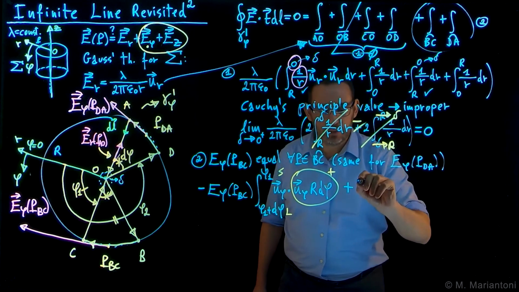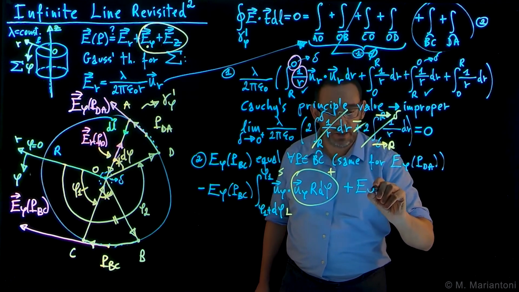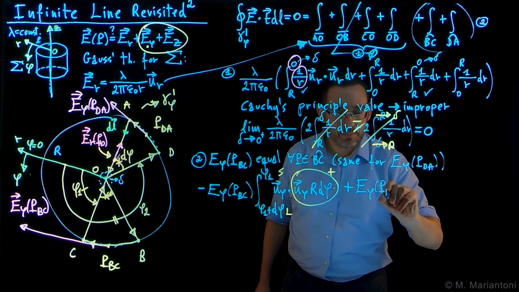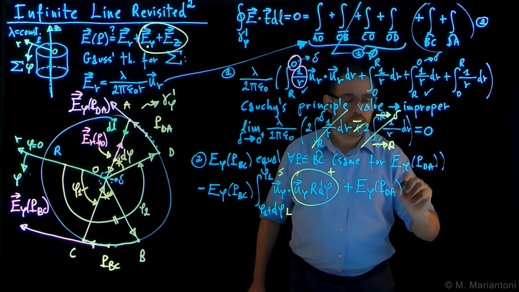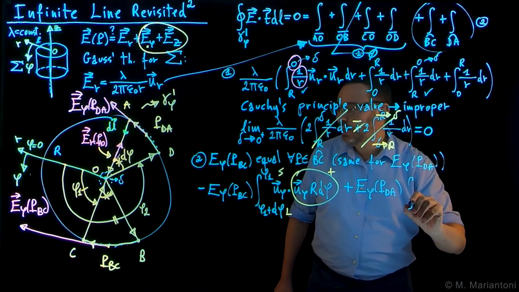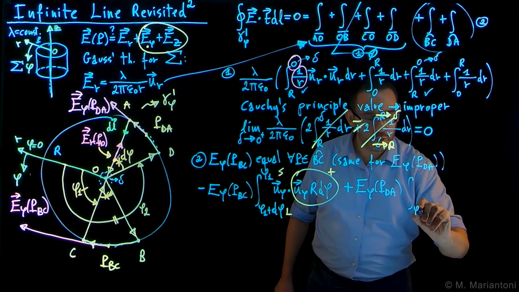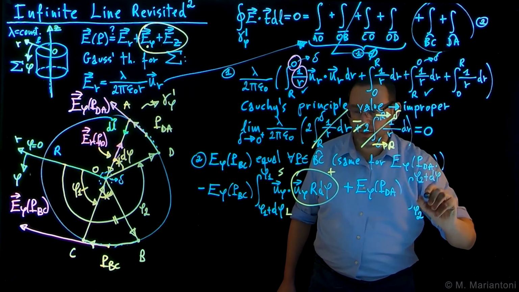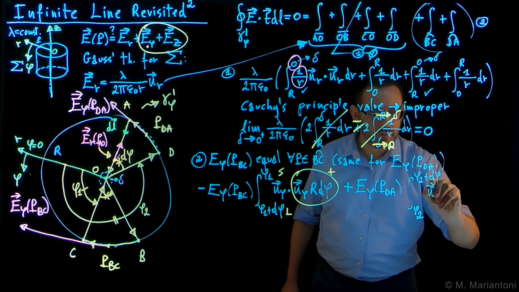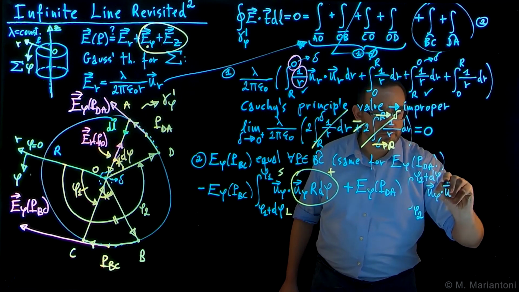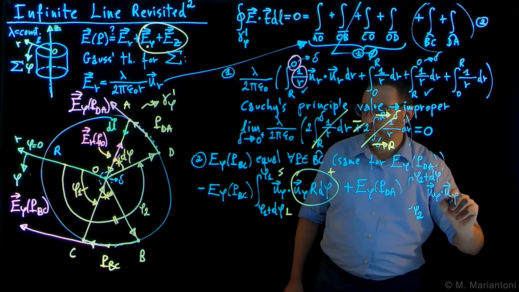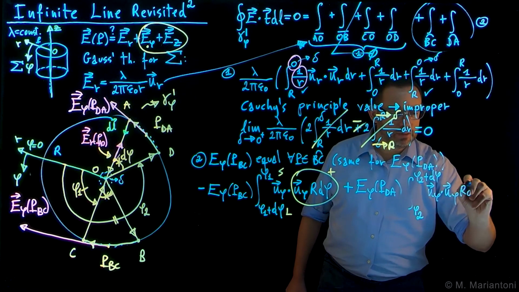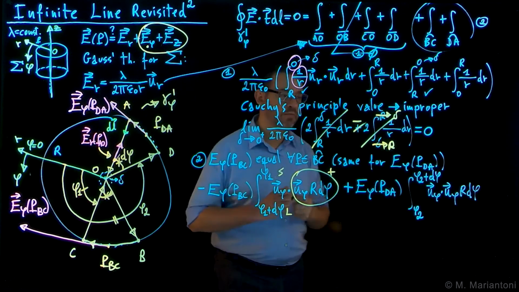It's constant on that infinitesimal arc, so it's E var phi at P DA, all right? And then we integrate between var phi 2 and var phi 2 plus d var phi. And what do we integrate? u var phi dot u var phi, so this is the direction of d var phi, times R, the infinitesimal element d var phi, in this fashion.